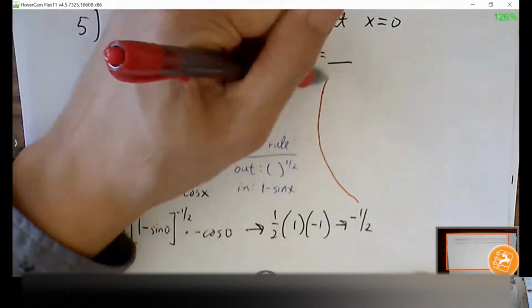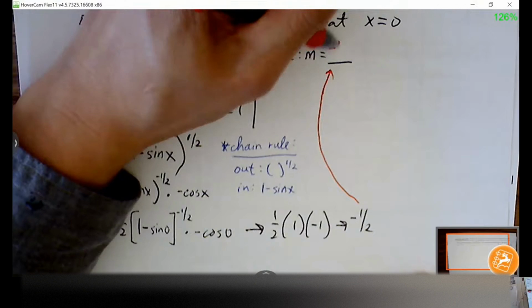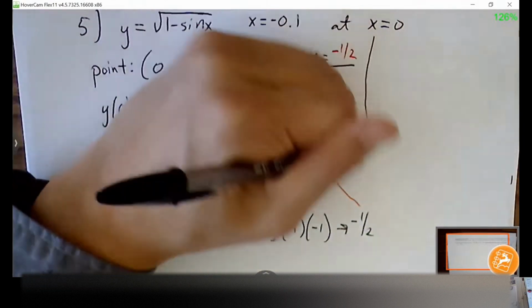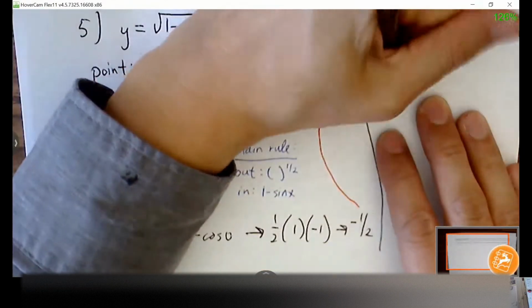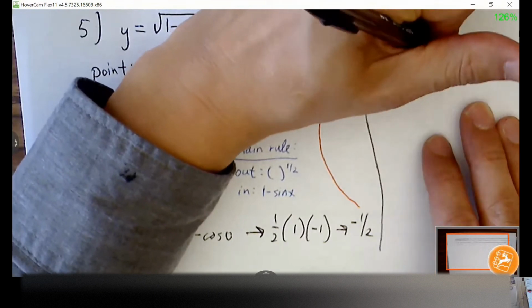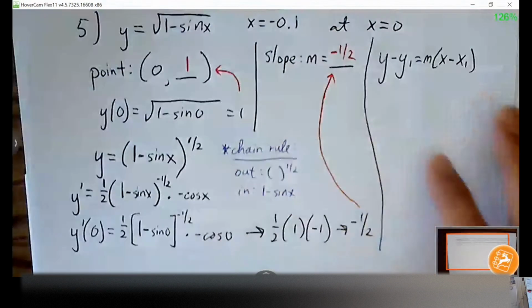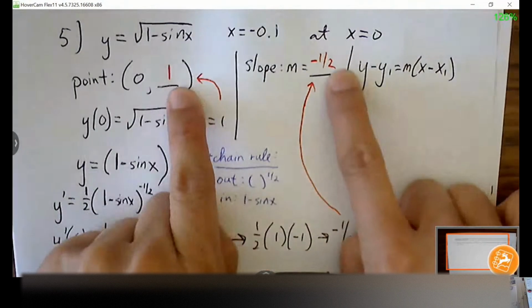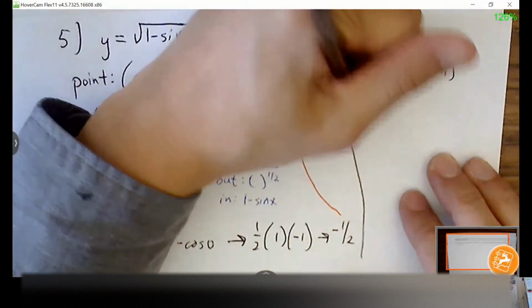Okay, so most of our work is just trying to get that slope. Basically, we're just doing a tangent line equation. All right, so now we have an ordered pair, now we have our slope, now we can build our tangent line equation. Ordered pair, slope, point slope form.